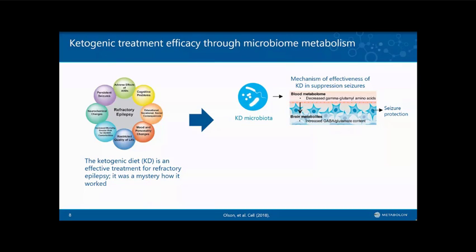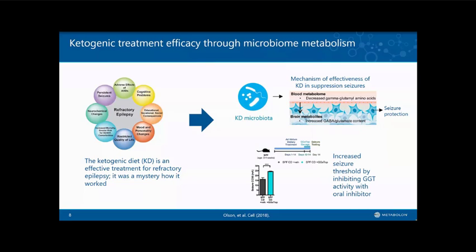And the specific metabolic step that was changed was a change in gamma-glutamyl amino acids that alters the GABA to glutamate ratio in individuals, so that through metabolic profiling it was found that this ratio is disturbed in epileptic patients, and that through ketogenic diet this provides a beneficial change in glutamate metabolism and gamma-glutamyl amino acid metabolism, so that it alters or increases the GABA to glutamate ratio in the brain, producing beneficial responses.